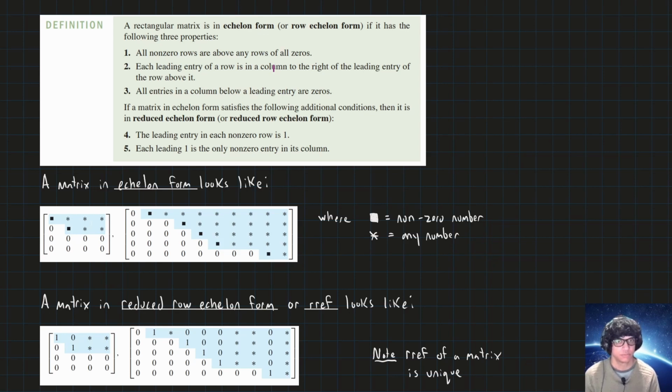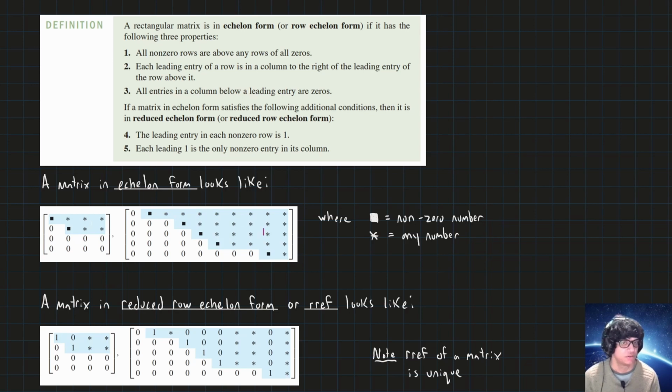To understand what these conditions mean, it's helpful to look at a diagram which shows off the shape of matrices in these forms. A matrix in echelon form looks like this, where the black boxes here are a non-zero number.